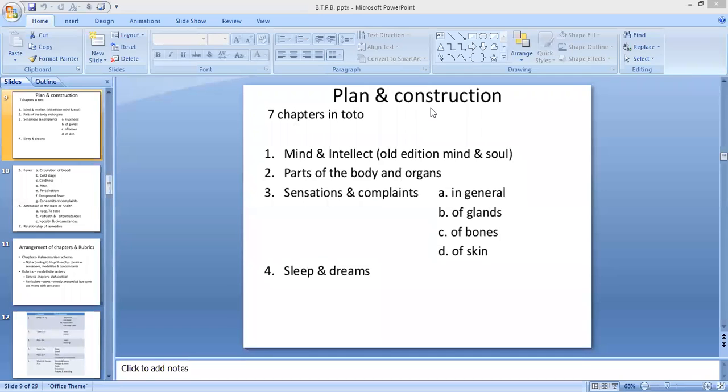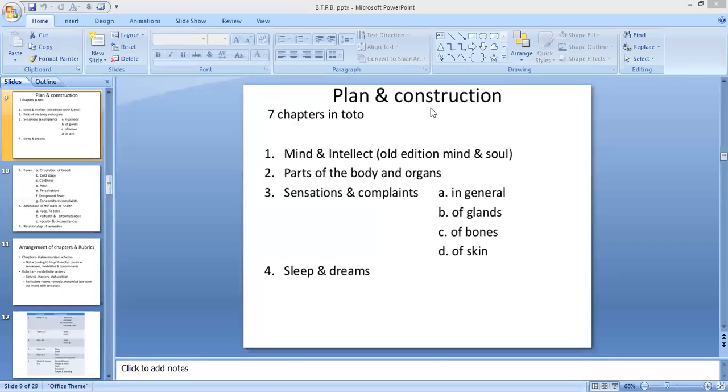Then dropsy or edema, emaciation or excessive weakness, a wasted condition of the body. So these are the complaints. So under sensation, there are subjective, objective, and location we also considered, and complaints. In that we discussed the examples.